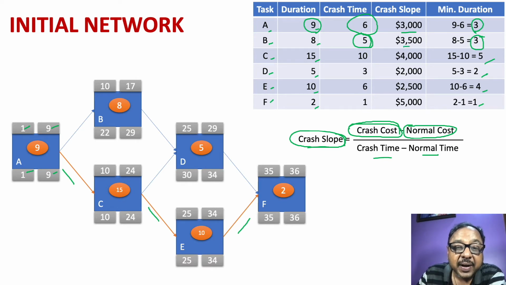For activity B, crash slope is $3,500 and so on. So if I reduce 1 unit of duration from activity A, I will incur a cost of $3,000. So this is my initial plan, and this is my extra data based on which I can try to reduce the time required for conducting this project. So let's see how we can do that.